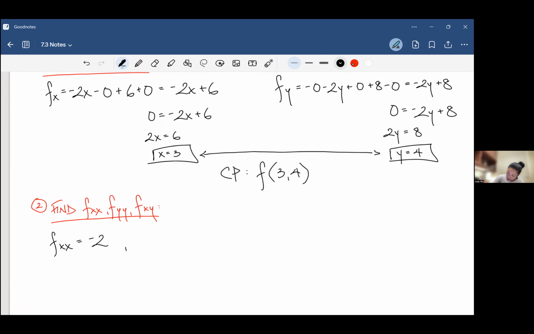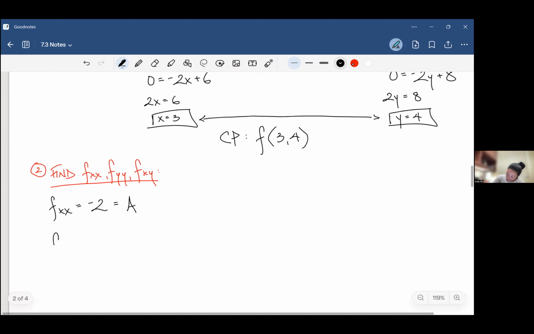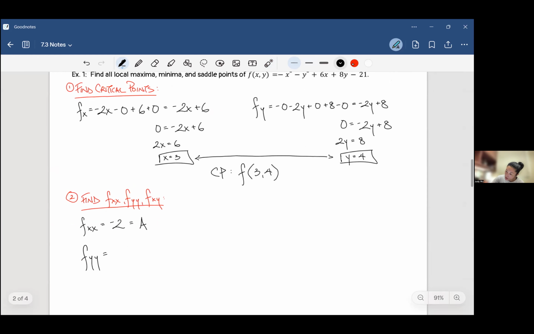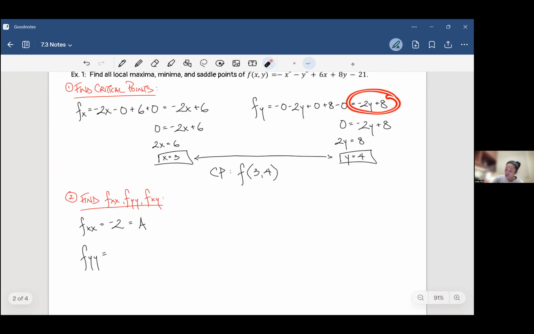So let's actually write that this is our a. All right, fyy. Okay, I'm going to go to my y equation. My fy is negative 2y plus 8. My fyy is just going to be -2, and this is my c value.